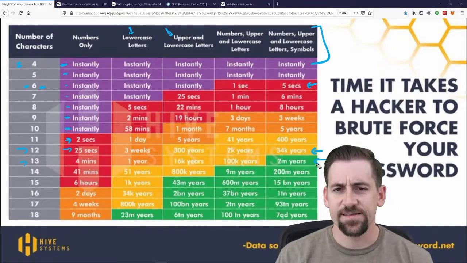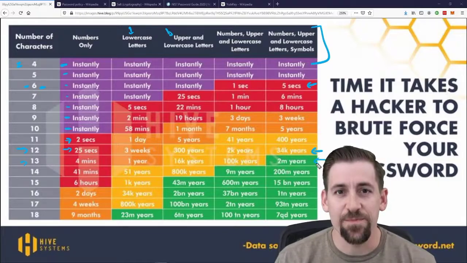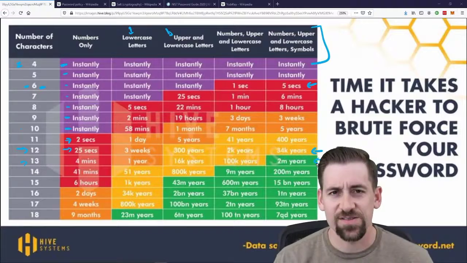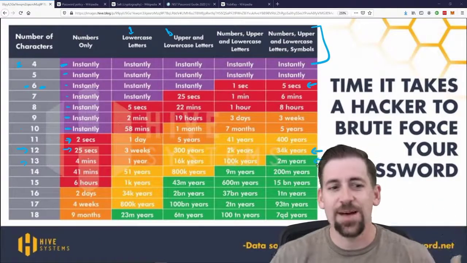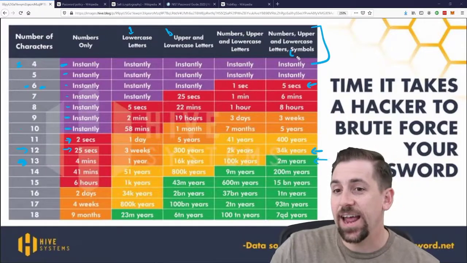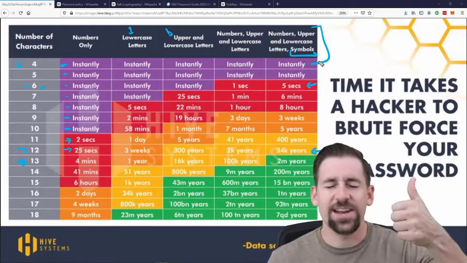Why is this? The reason is the number of password combinations that I can make with that many characters increases exponentially. Every time I add a character, or every time I add a set of symbols that I can use, that exponentially increases the difficulty.